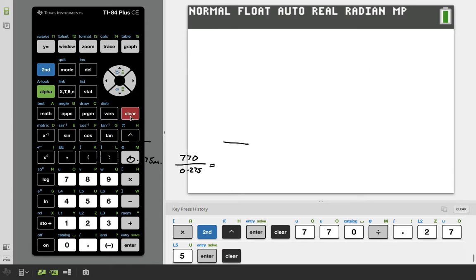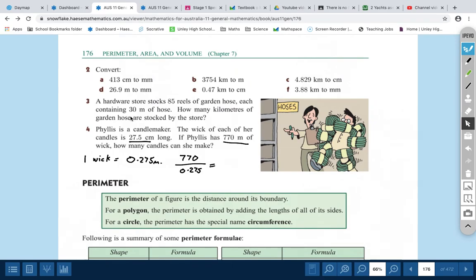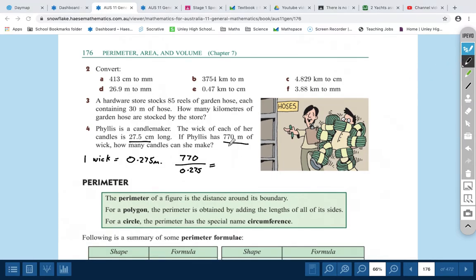Good job, calculator. 2,800 candles. Not 4 candles. 4 candles, that'd be handles for forks. This is 2,800 candles.